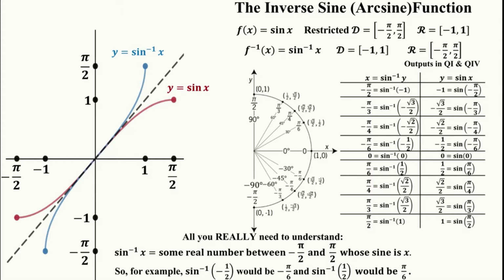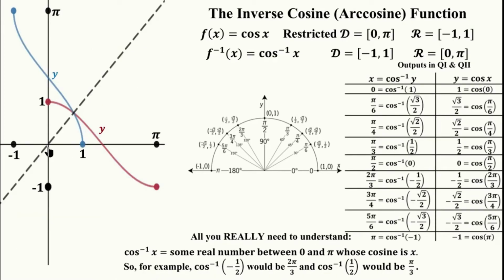Let's move on and look at inverse cosine now. Recall that we restricted the domain of the cosine function depicted here in red to 0 to pi, so that we could make a one-to-one function out of it. Again, here you see the inverse beautifully depicted as the mirror image with respect to that mirror, which is the line y equals x.